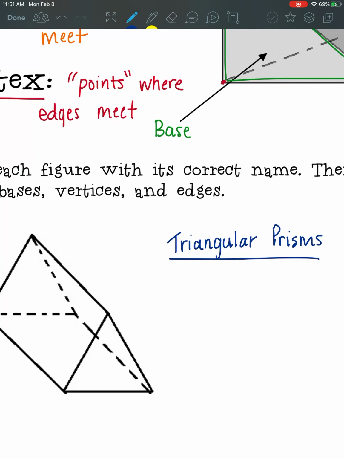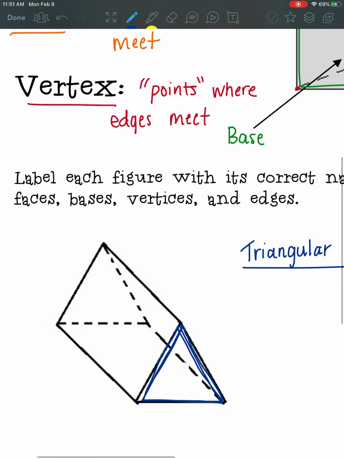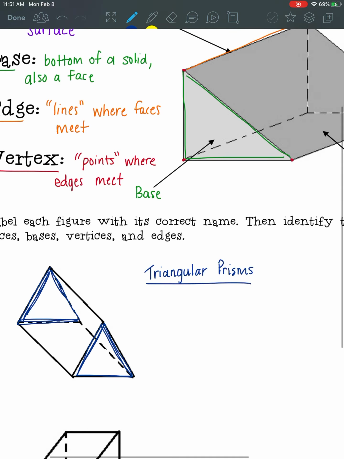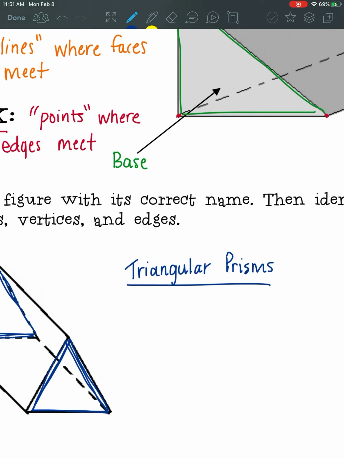So we could have a hexagonal prism, where the bases are hexagons. Now here, our base is the triangles. So these two triangles are what we call the bases. And you could flip it around, they're going to be identical bases.